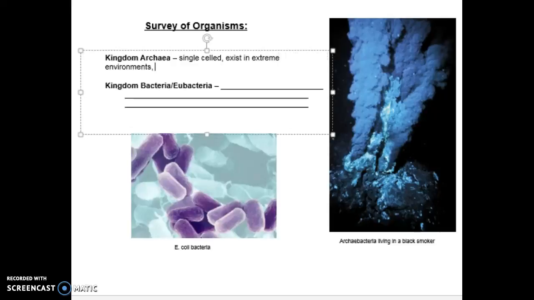These guys exist in extreme environments. Hot, hot, hot, nasty, salty, phosphorus, methane, etc. Tough environments. But we're also finding out these guys can be all over the place as well, in environments that we didn't expect them to be in.